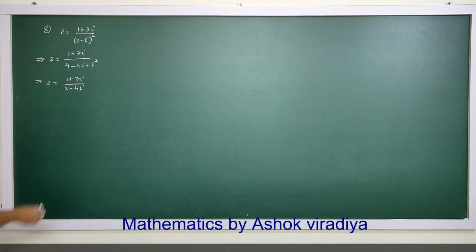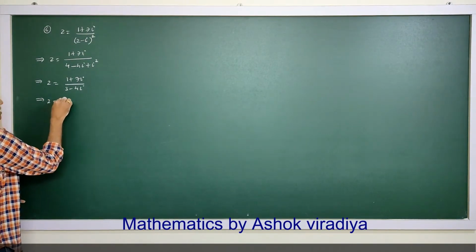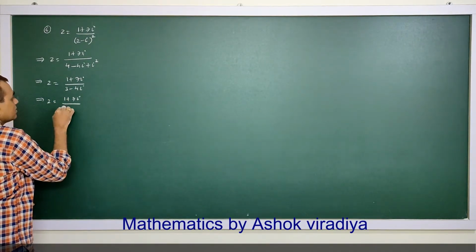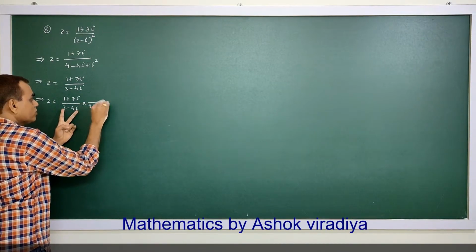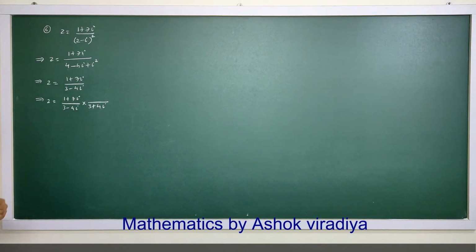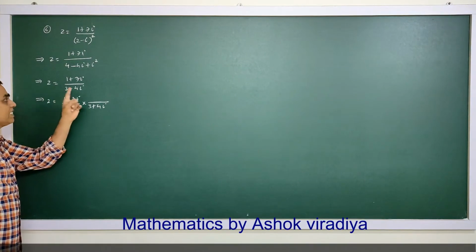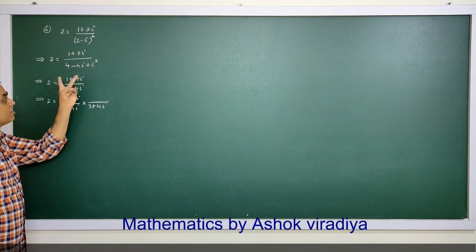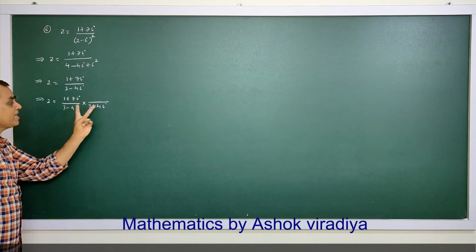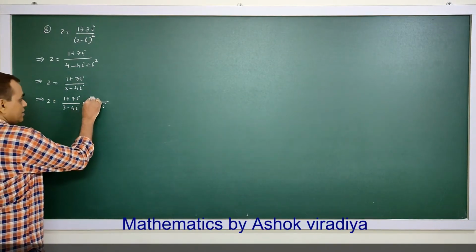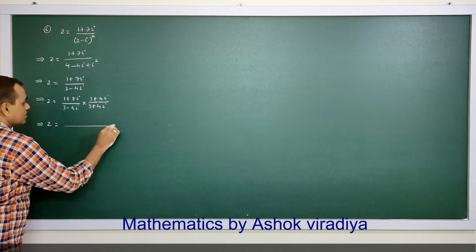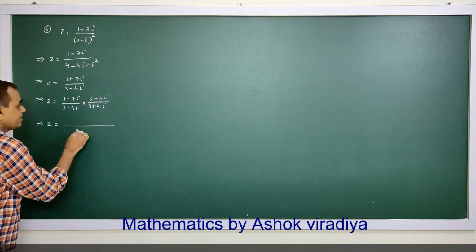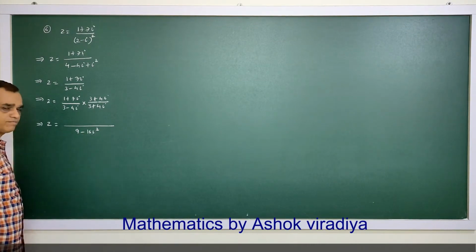Now once again, multiply and divide by the conjugate of the denominator. We continue simplification by this method until we get the denominator free from i. Because still there is i, after simplification, we multiply and divide by the conjugate of the denominator. So 3 plus 4i. So z is, this is 9 minus 16i square.